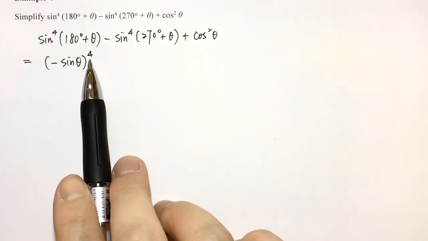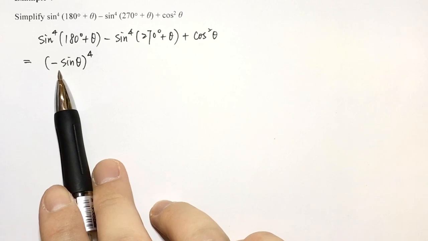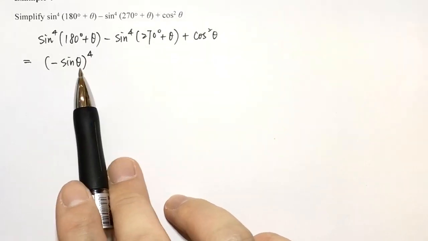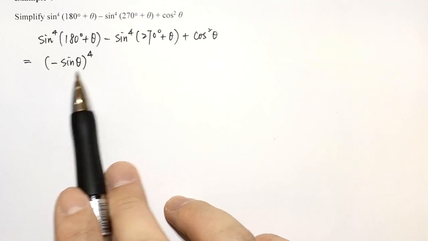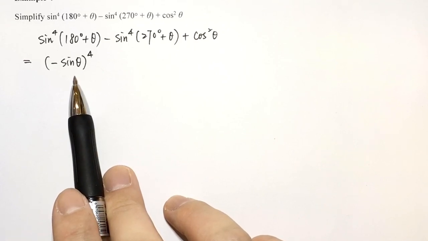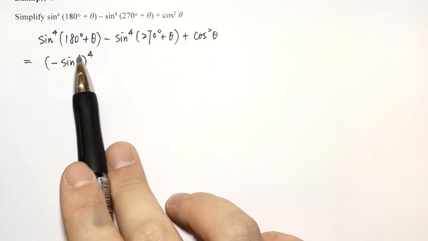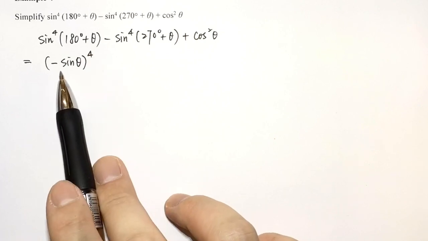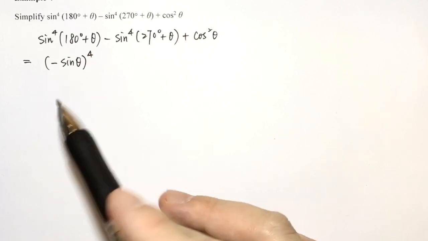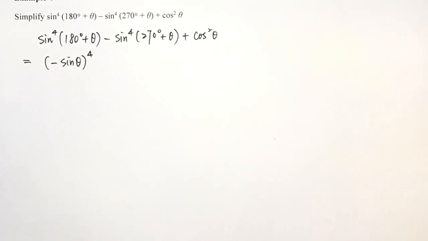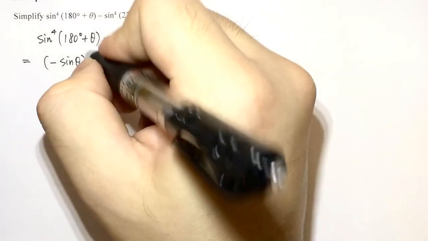Though you know that after power 4, the result is a positive value, so some of you may miss this negative sign to write directly as sine theta to the power 4. I don't suggest to write like that because in this way it clearly shows that you know sine of 180 degrees plus theta is negative sine theta. Okay? So if you omit this negative sign, I don't know whether you know the result is actually negative sine theta or not. Okay? So write the original form.